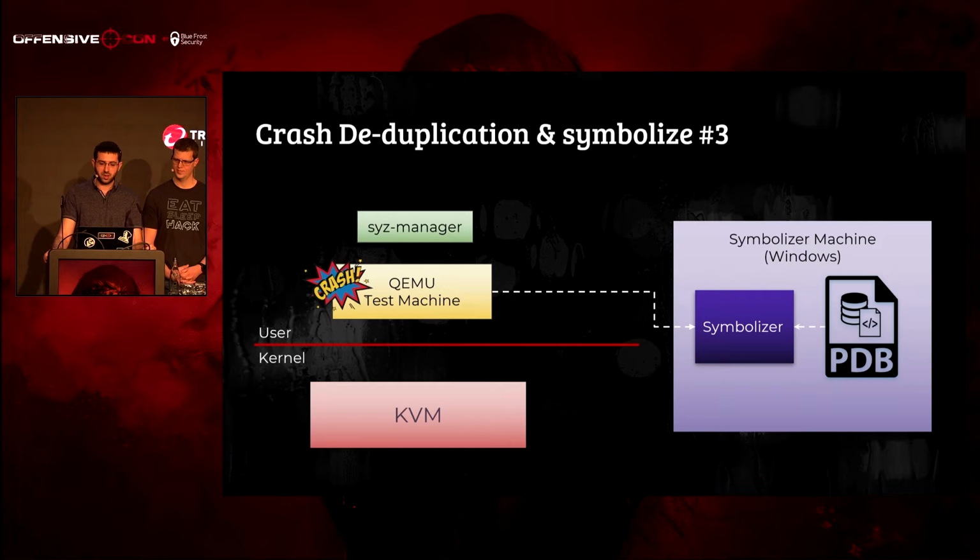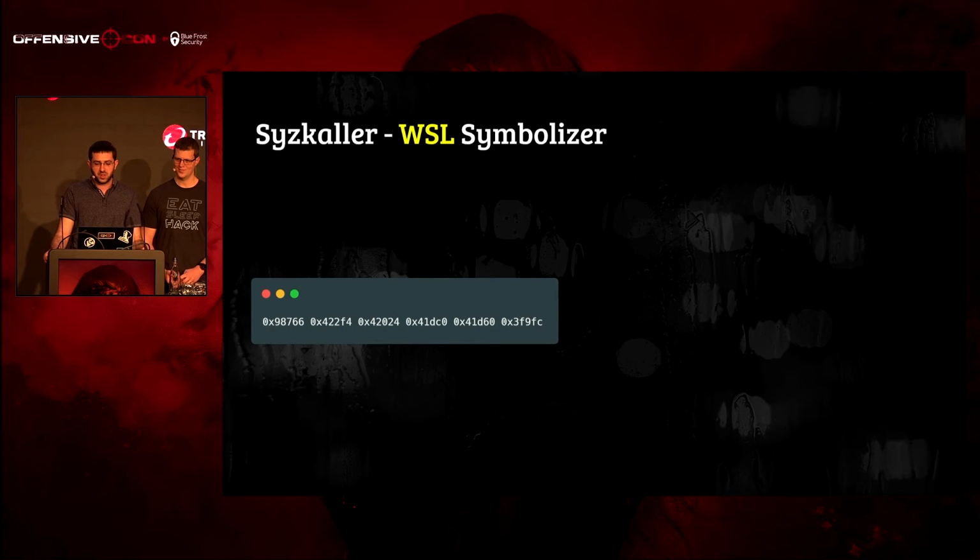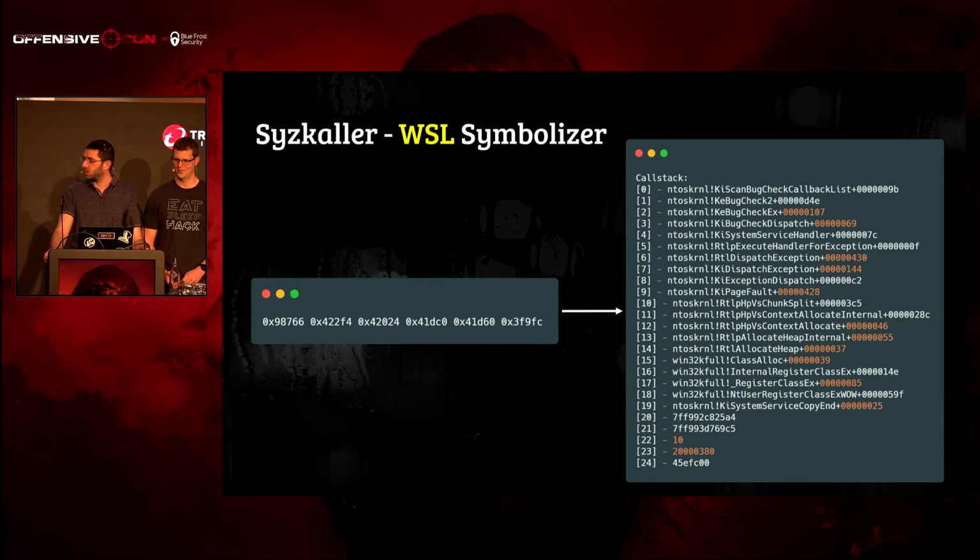The symbolizer then calls StackWalk with all the relevant arguments and retrieves a call stack, which it sends back to QEMU. This architecture was heavily inspired by Boxpwn for Windows. So after a lot of agony, we got from these random numbers to this beautiful call stack. Look at those pretty symbols.